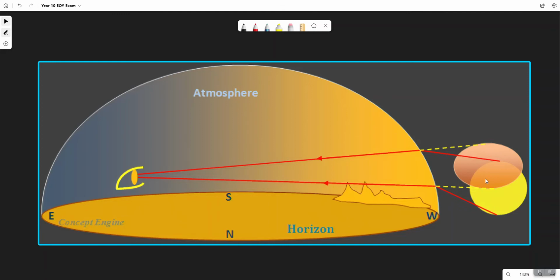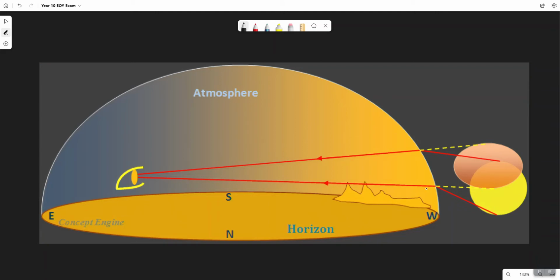What will happen is that as it dips towards the horizon, it's coming into you at quite a sharp angle. A ray from the top is going to refract by a certain amount, whereas a ray from the bottom of the sun is going to refract by a different amount when it hits the atmosphere. So the top and bottom of the sun refract by different amounts because when they hit this thing here, this angle and this angle are not the same.